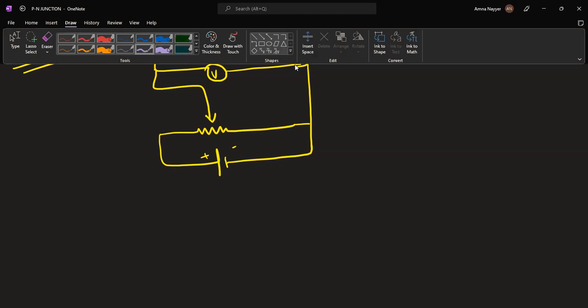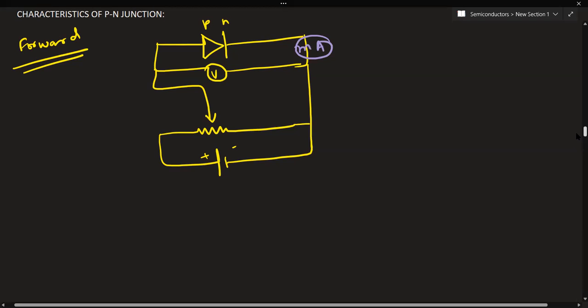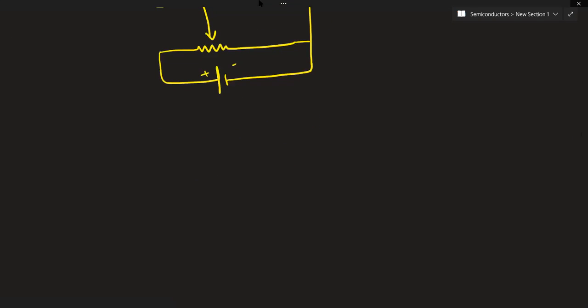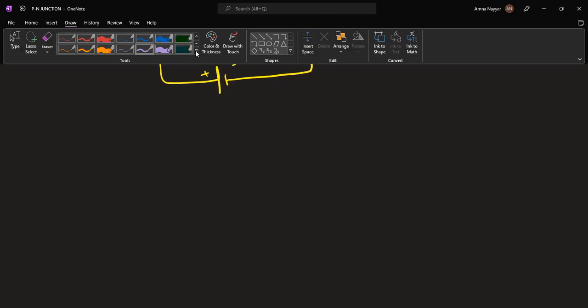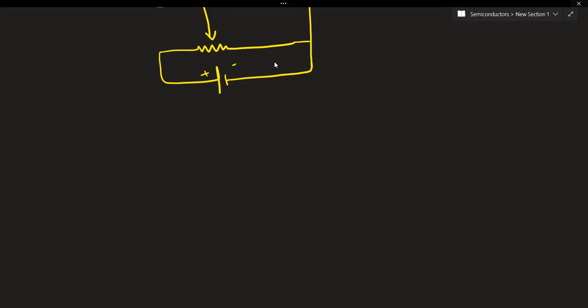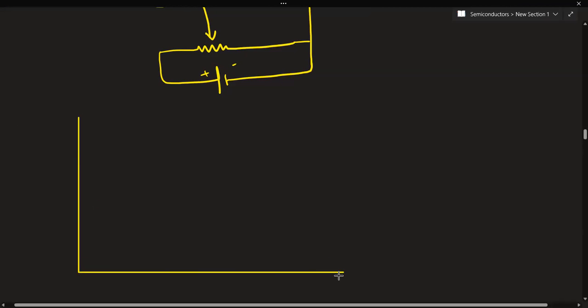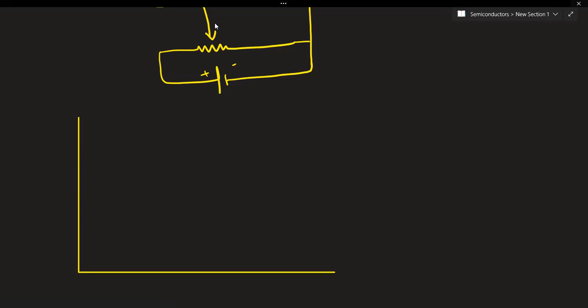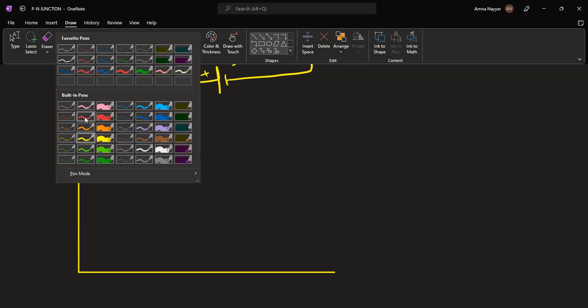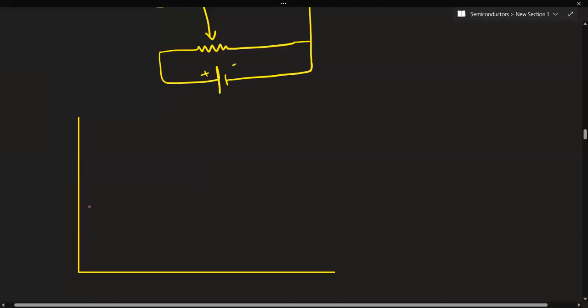Now see, if we draw the characteristic graph of it, see what will happen.